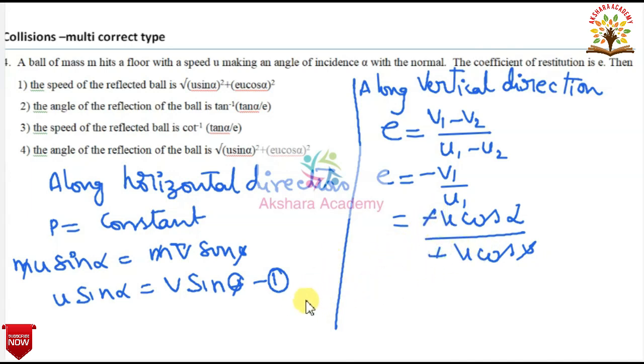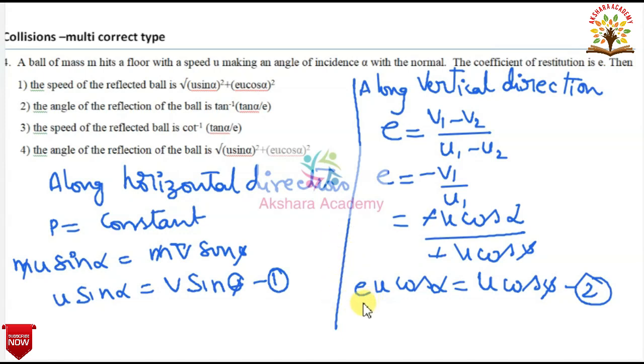Taking cross multiplication, e u cos alpha is equal to u cos phi. This is equation number 2. By adding equation 1 and equation 2.